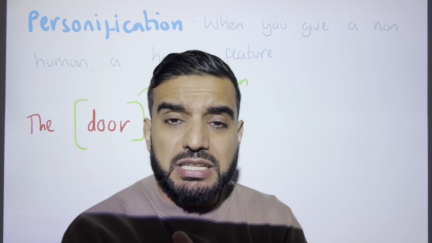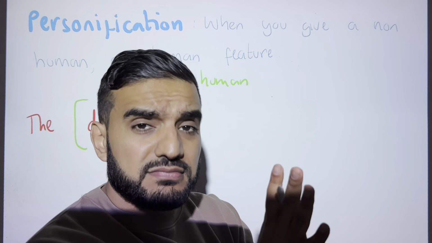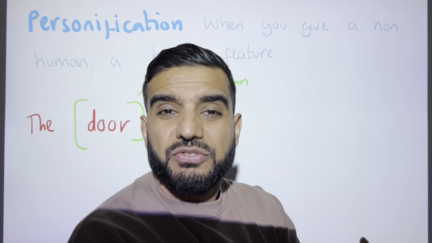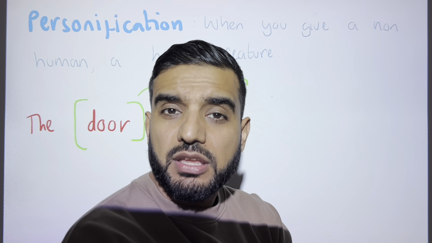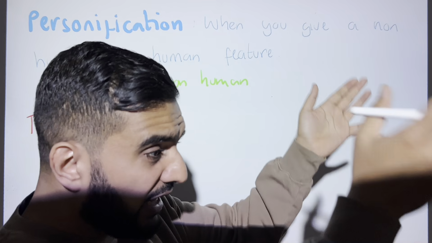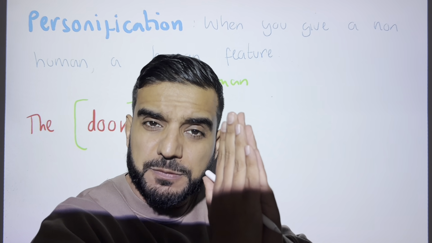Like asking some kids say stuff like, the door smelled nice. Doors don't really smell, my friend. So you're kind of going off the cliff and you're falling head first. Keep it controlled. The feature you give, look at the thing you're talking about, and it's got to have some kind of match.